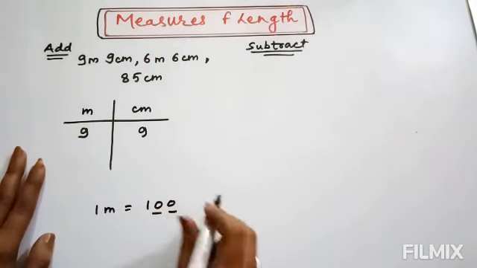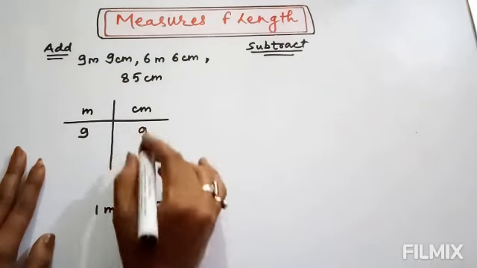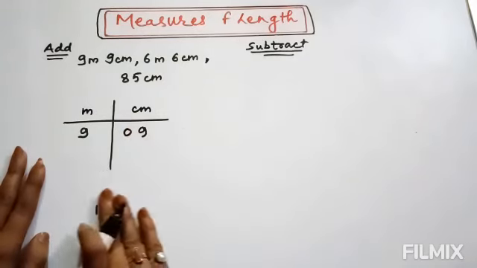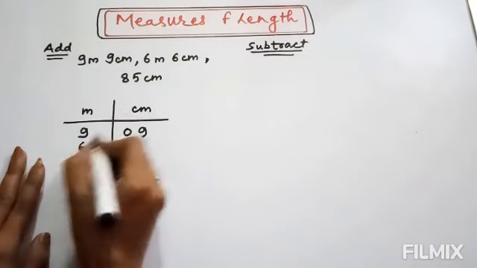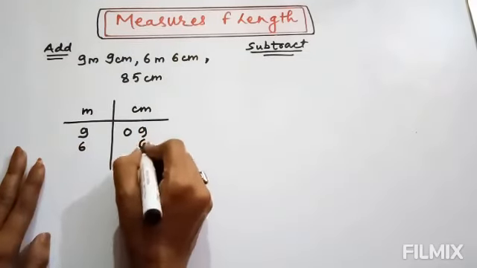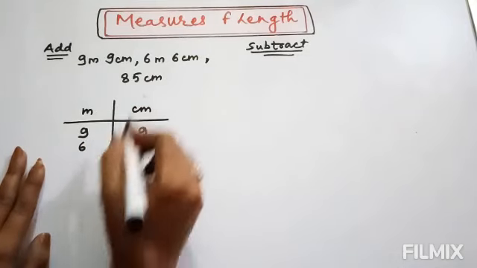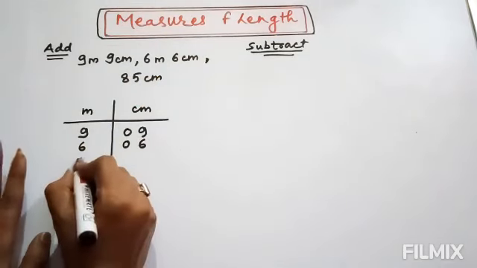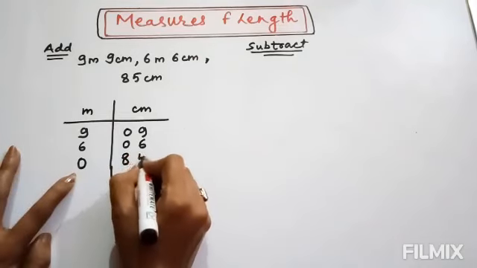There are two 0s, so it needs to be 2 numbers on this side, so we will add 1 zero at the tens place. Now 6 meter 6 centimeter from the ones unit, and at the tens unit we will write 0. 85 is given only in centimeter, so there is no number in the meter column and we can write 0.